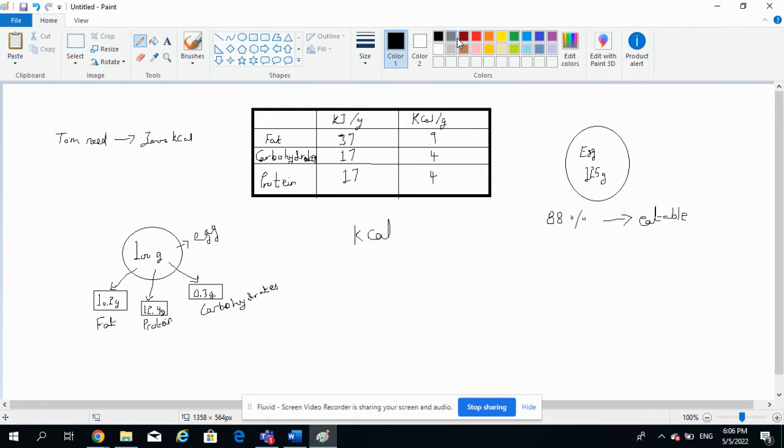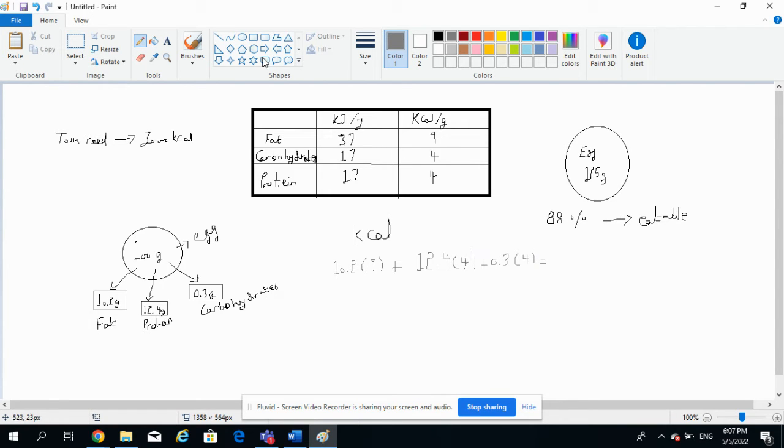So the first one will be, let me use a different color code for your better understanding, 10.2 into 9 plus 12.4 into 4 and 0.3 into 4 again. Now when you sum it all up, you're going to get a value.